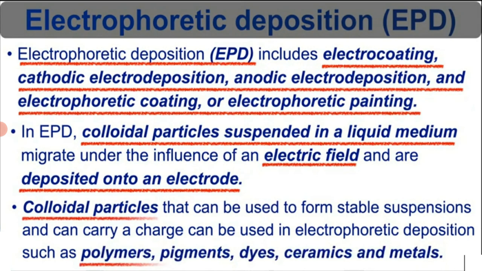Next method, electrophoretic deposition. Electrophoretic deposition includes electrocoating, cathodic electrodeposition, anodic electrodeposition, and electrophoretic coating or electrophoretic painting. In electrophoretic deposition, colloidal particles suspended in a liquid medium migrate under the influence of an electric field and are deposited on an electrode.